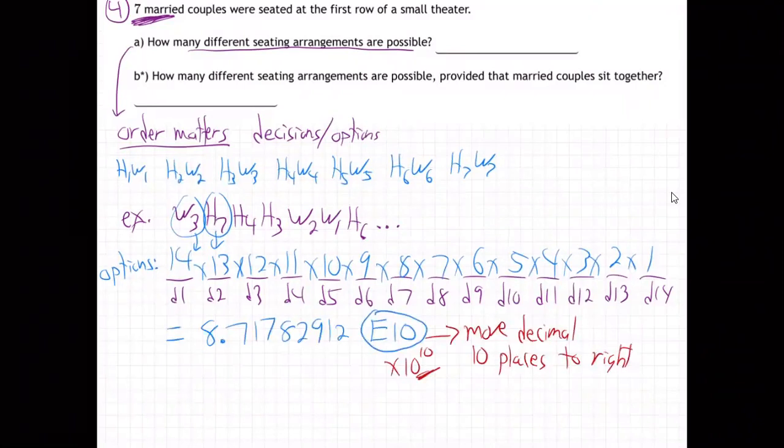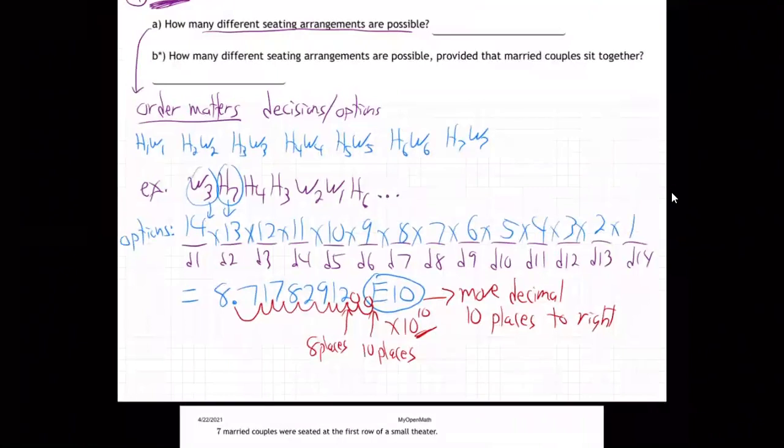Means you got to move the decimal 10 places to the right. So 1, 2, 3, 4, 5, 6, 7, 8. So there's 8 places. So you got to go 2 more, don't you? So 1, 2, and those bring in zeros. So when you go beyond the edge of the number, you bring in zeros.